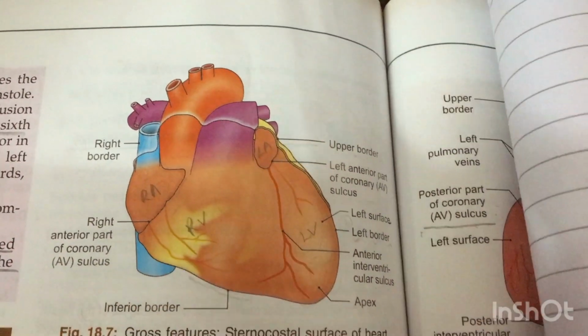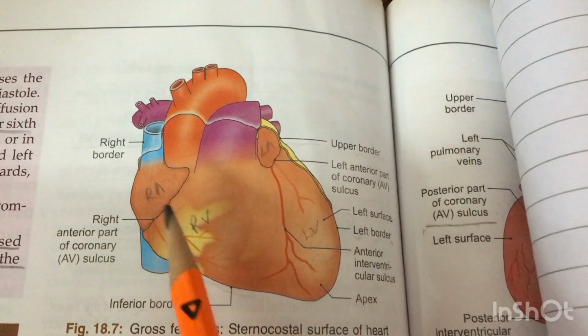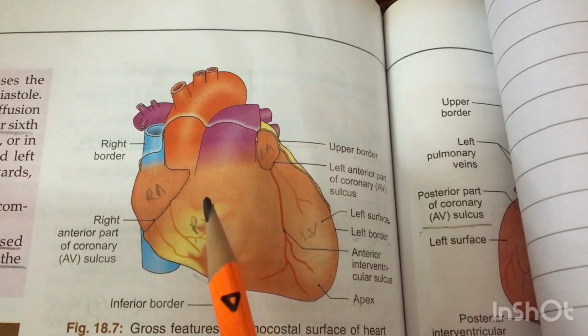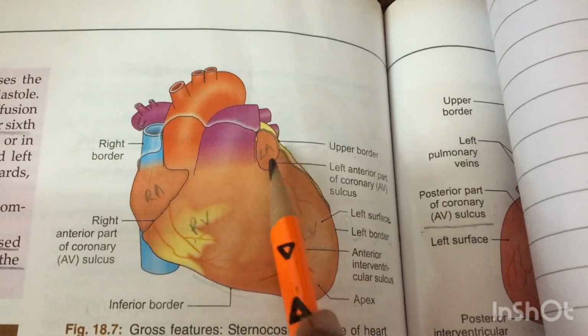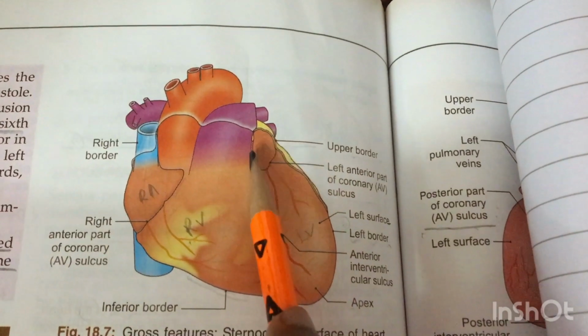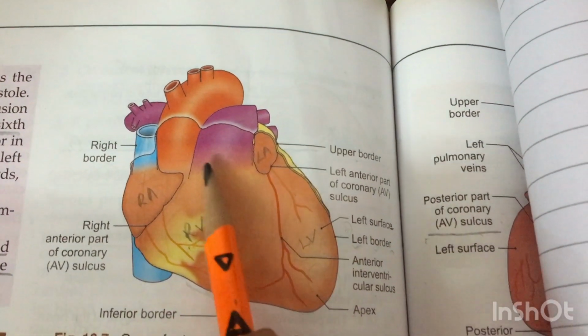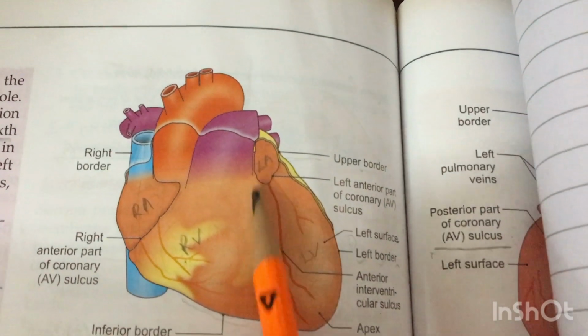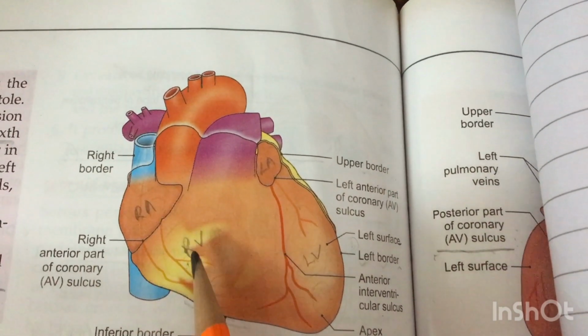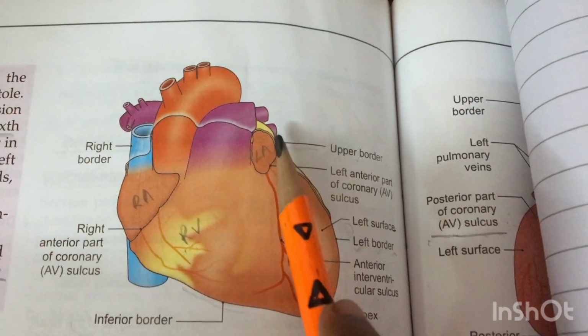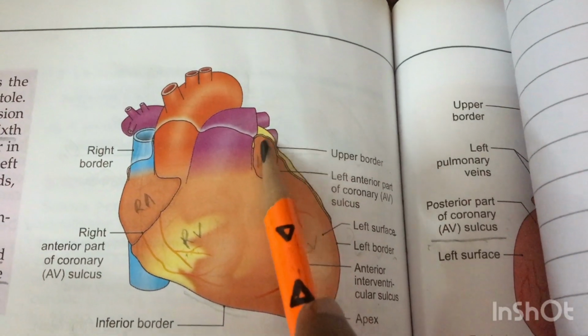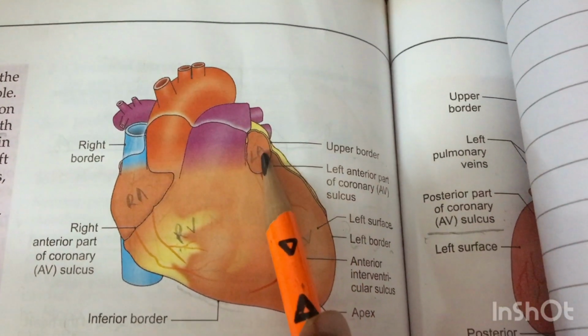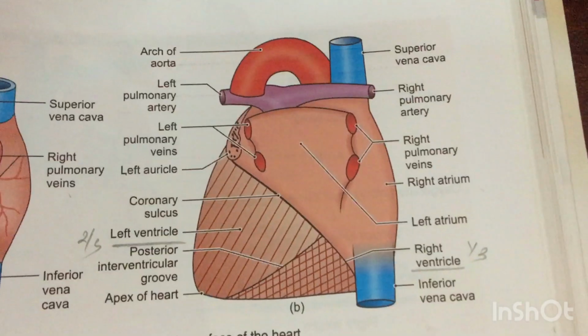It is mainly formed by the right atrium and the right ventricle, and partly by the left ventricle and left auricle. Only a small contribution is there by the left auricle and the left ventricle.